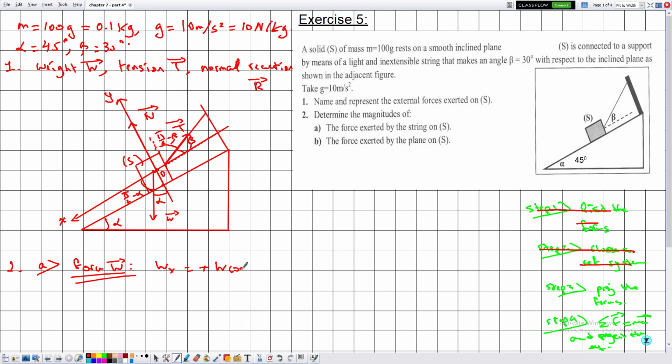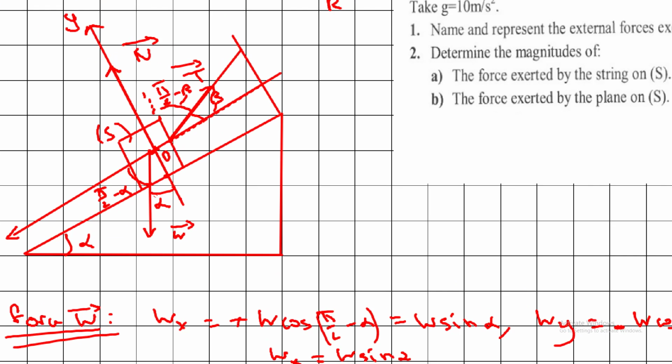Cosine of pi by 2 minus alpha gives W sine alpha. So Wx is equal to W sine alpha. As for Wy, W is pointing in the negative direction of the y-axis, so it's negative, multiplied by W cosine of the angle between W and the y-axis, which is alpha.